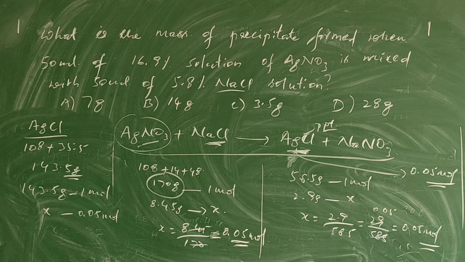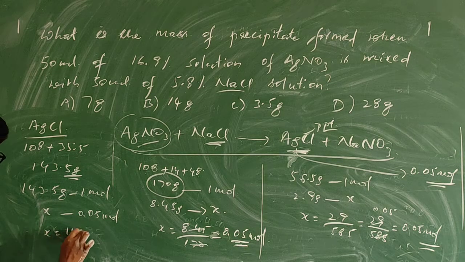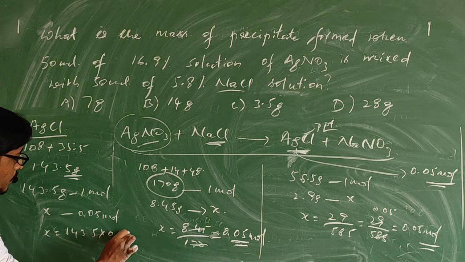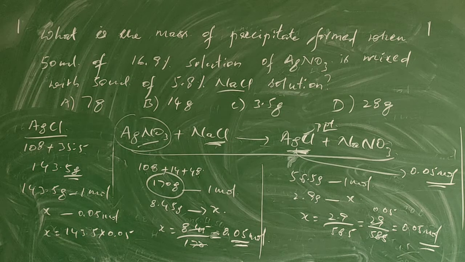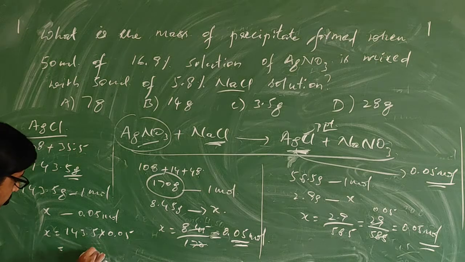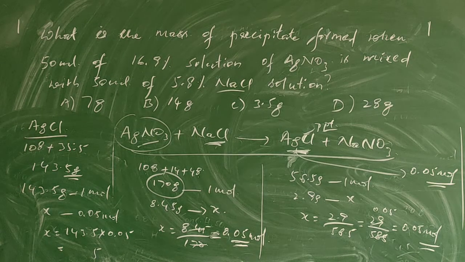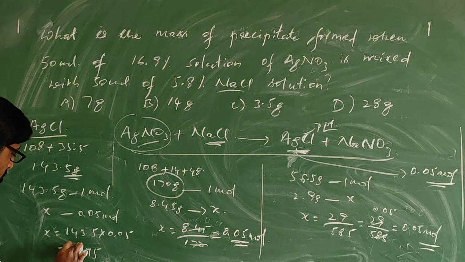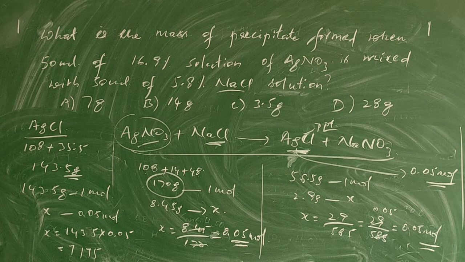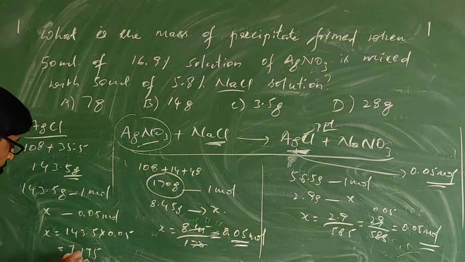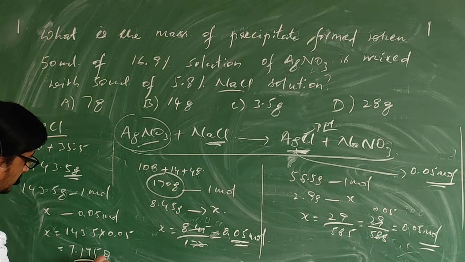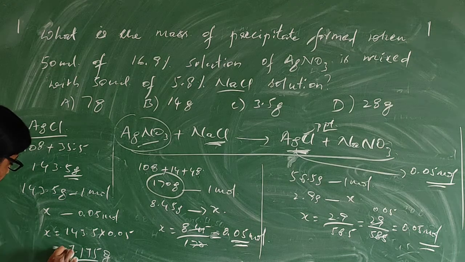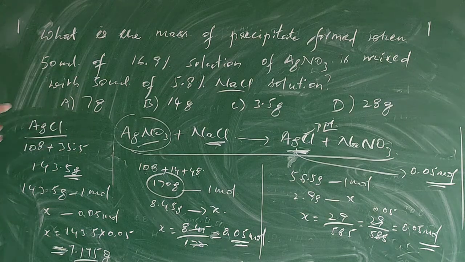Let us take it as X. Then X will be equal to 143.5 into 0.05, which is nothing but approximately 7.17 grams. In the given options, this is our nearest answer.